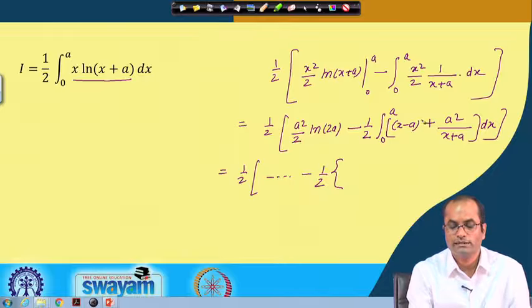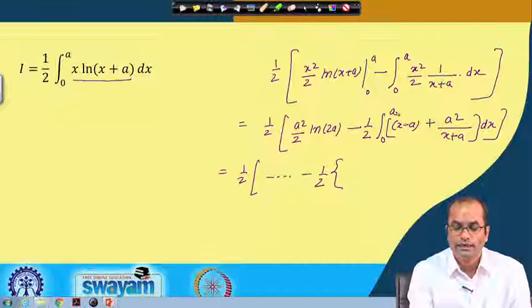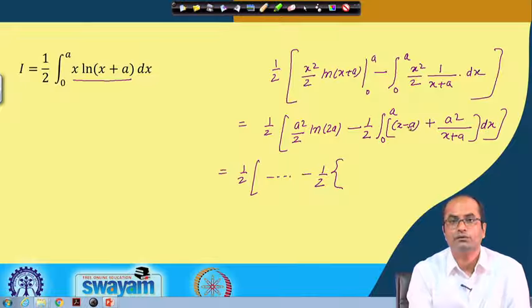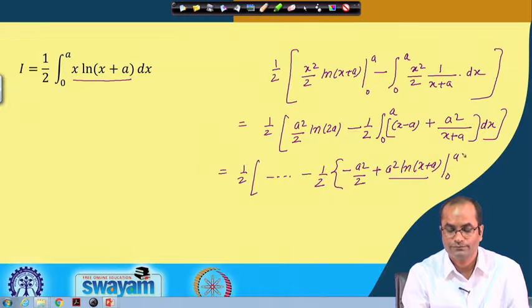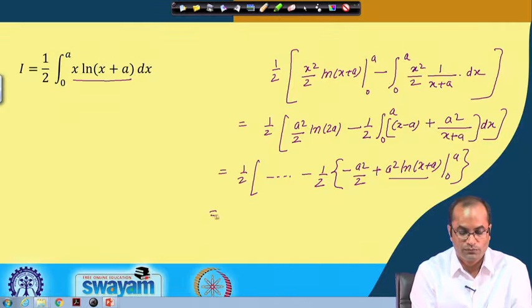So, (x-a) squared by 2, and the upper limit will give 0 and the lower limit will give minus a squared by 2. Here we have the a squared, and this will be ln(x+a), and the limit from 0 to a for this part. So, what do we get?